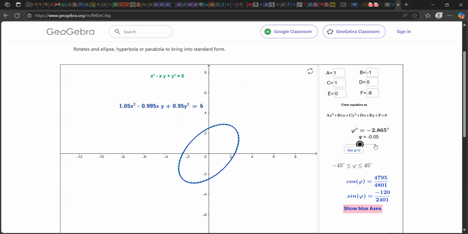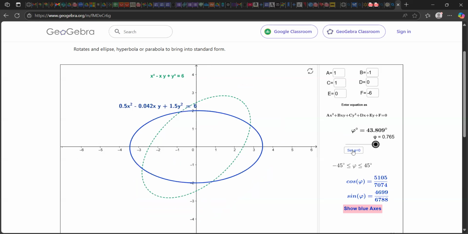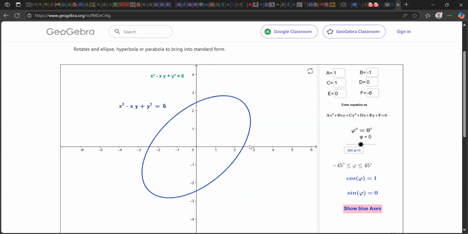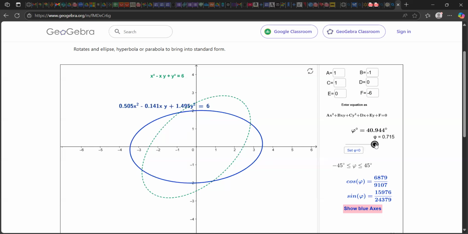Let me make it bigger. That's what we had originally. So if you want to know what equation it was, take this.